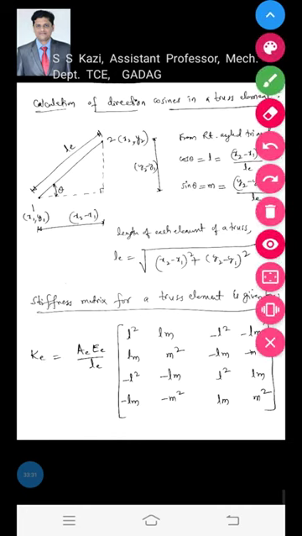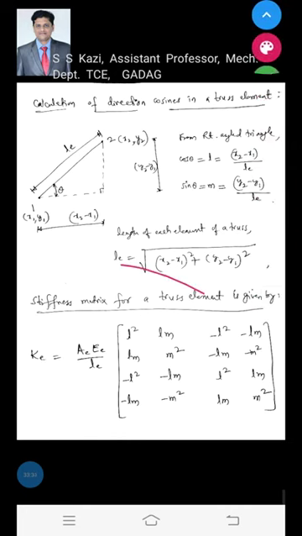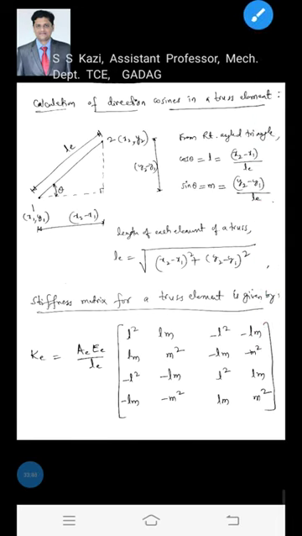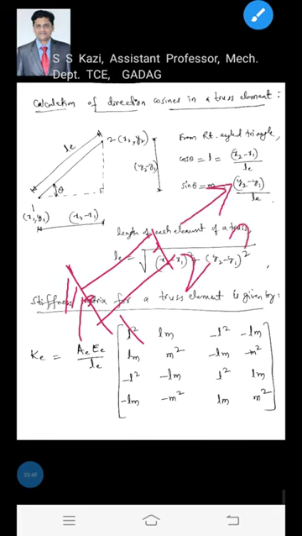Also you can observe here what difference you have observed between the bar and truss. What is the difference in case of a bar? If you consider a bar problem, each node is permitted to displace only in x direction, globally and locally.